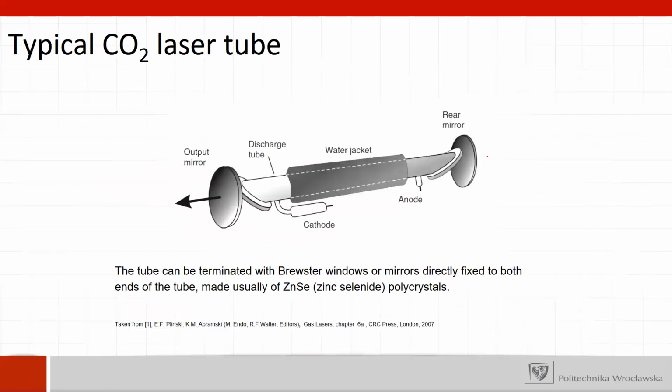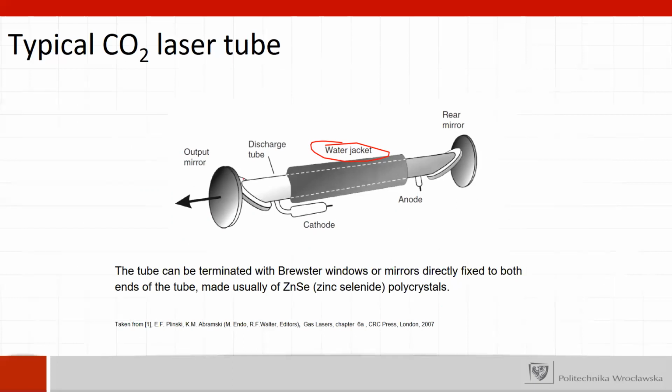So the typical structure of the CO2 laser is very similar to the helium neon laser. Maybe the one difference is that sometimes if the laser is operated at a high power, there is a water jacket used to cool the tube. That's one thing.